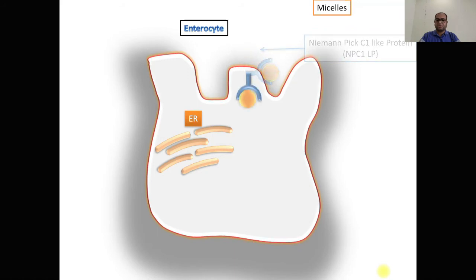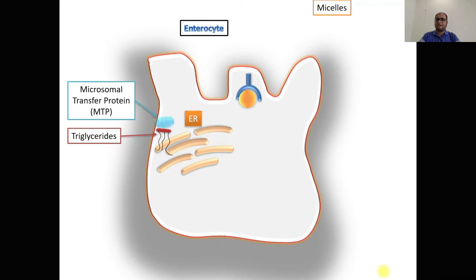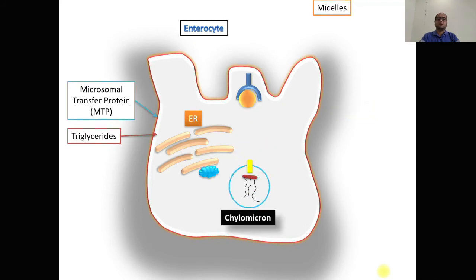Now the endoplasmic reticulum inside the enterocyte will synthesize the triglyceride, and microsomal transfer protein will release it inside the cell. Now it is freely available. ApoB48 will be generated inside the enterocyte and it will encapsulate the triglyceride. At this point it is a nascent chylomicron.